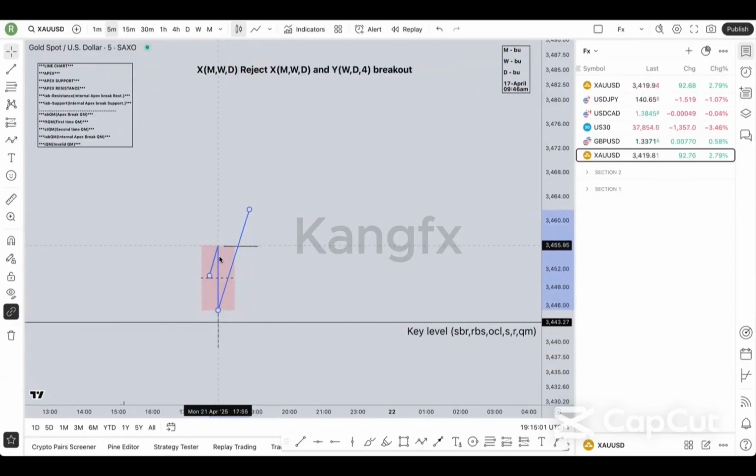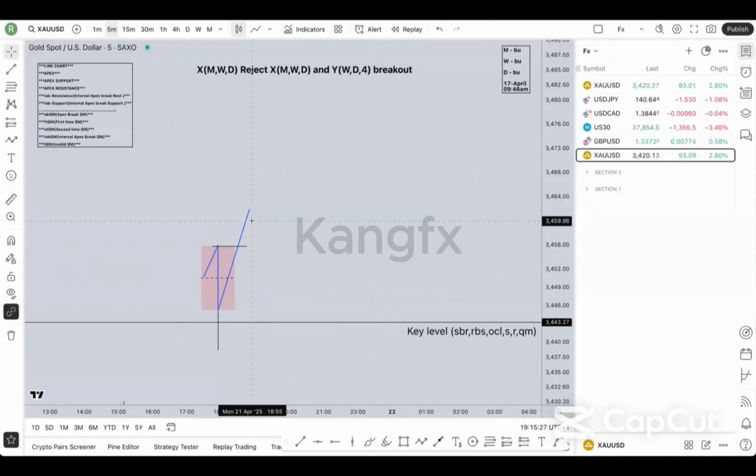Then after the daily rejection, we expect 4 hour to break out. When 4 hour breaks out, we've gotten our bullish storyline.